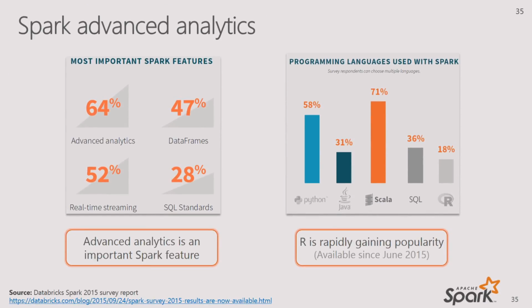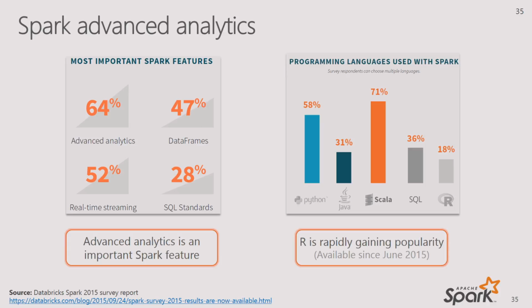So interestingly enough, every year Databricks does a survey of all the Spark users, and in the 2015 survey, it turns out the advanced analytics components of Spark have been voted to be the most important Spark feature. So that's really interesting. And the other thing is, I've observed that, in terms of the different language APIs, like I was mentioning, R has only become available since the middle of last year.